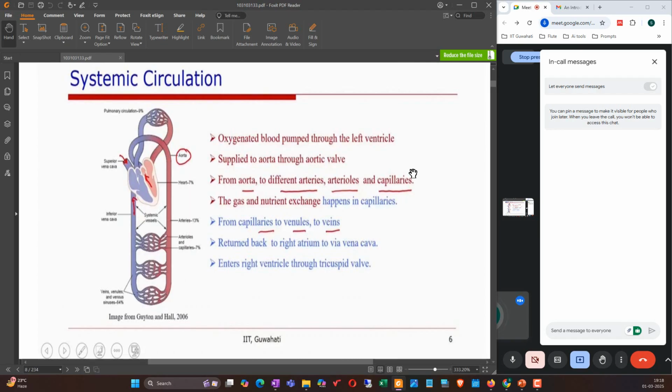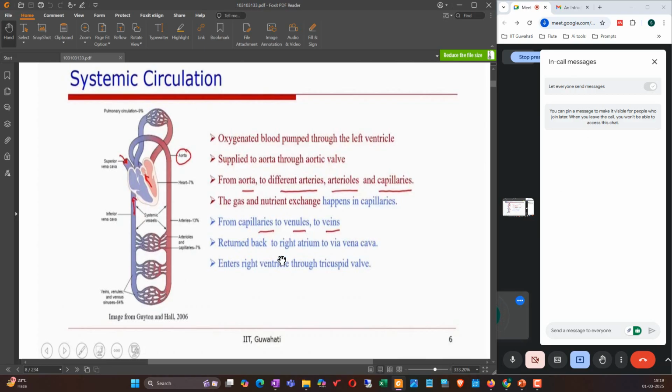The gas and nutrition exchange happens in the capillaries. From the capillaries to the venules and to the veins, blood goes into the right ventricle, from left to right through the tricuspid valve.